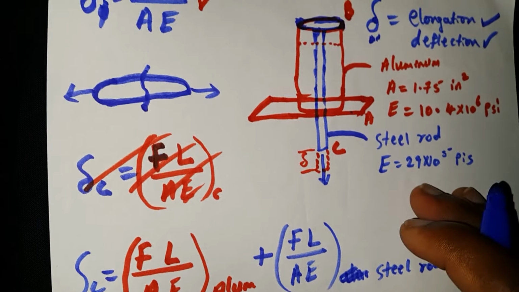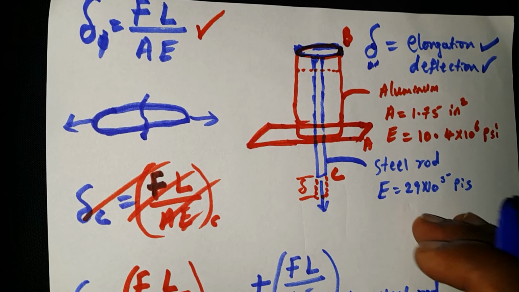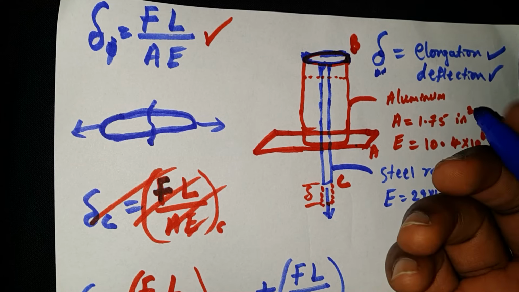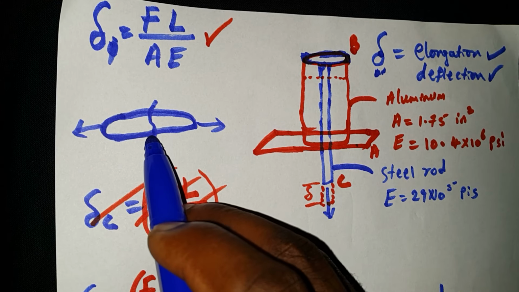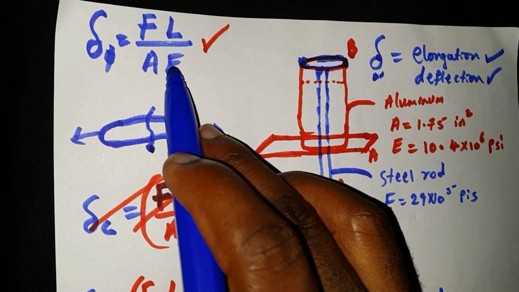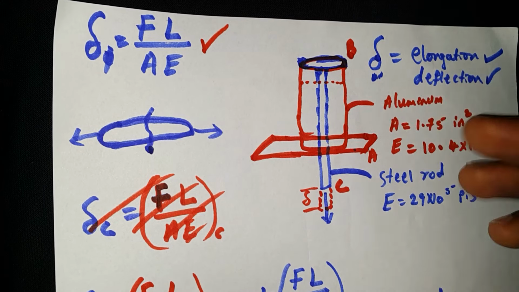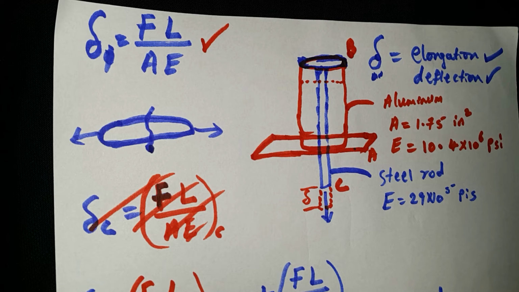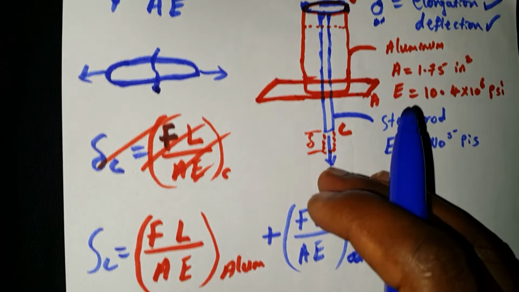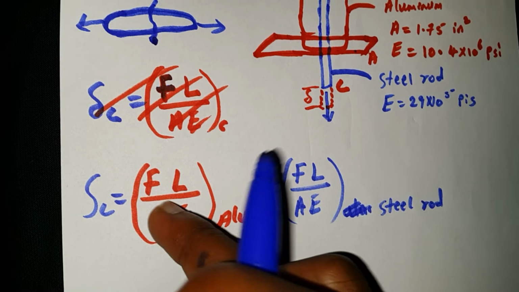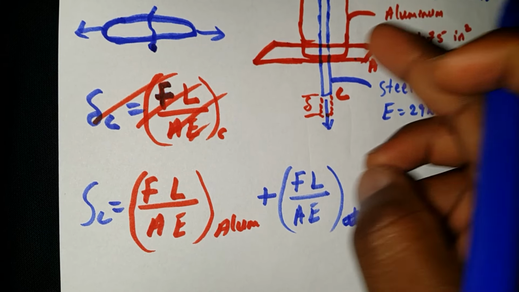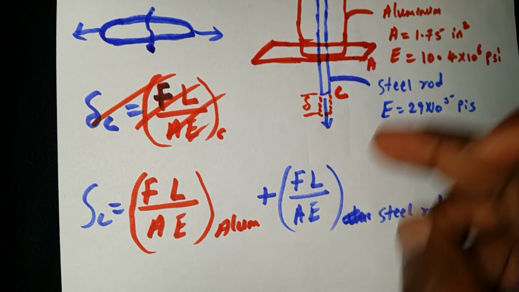Now, I hope so far it is clear. In the previous video we had just one member, so we used just one formula like this. But when you have two members, or even three members, you analyze them one after the other, using the formula to solve for each of the members.